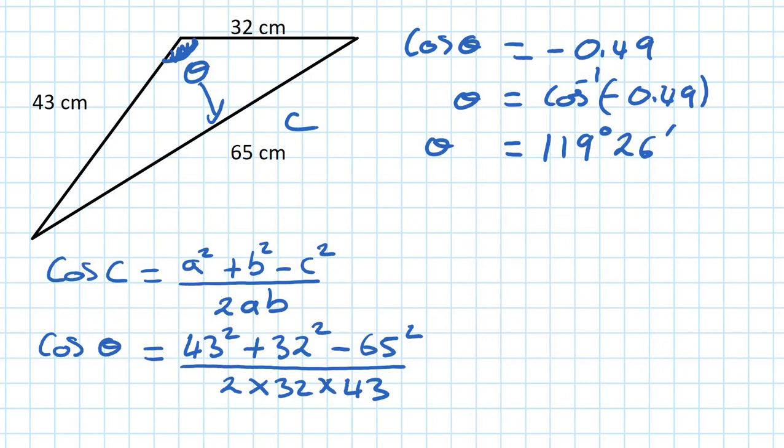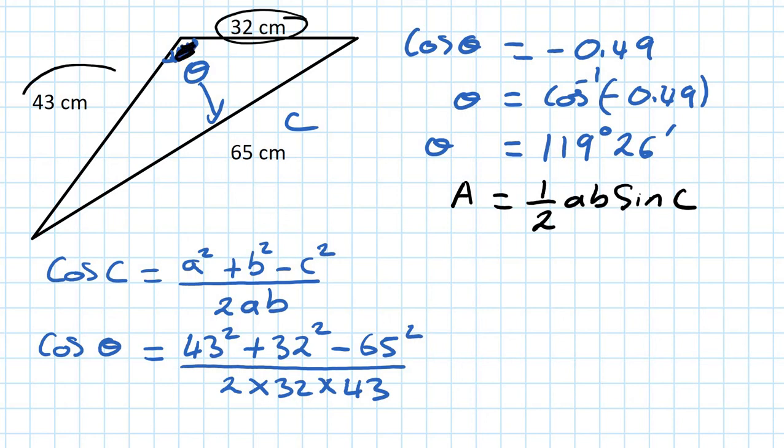So to find the area of a non-right-angled triangle, remember the rule: area is a half ab sine of the angle in between, which is C. So this is angle C, therefore this is a, this is b. No need for 65, keep that in mind for me.